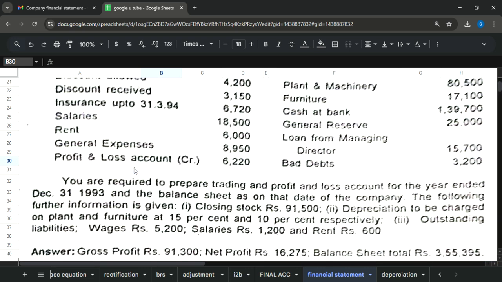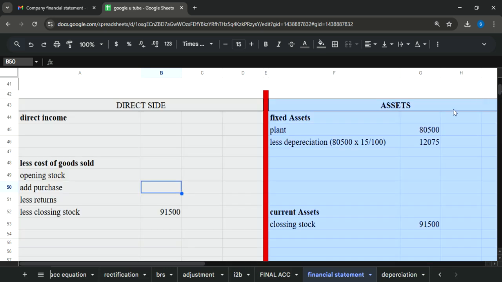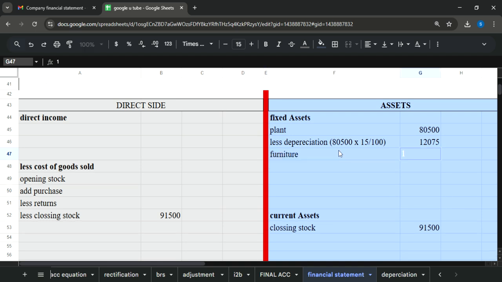And the same we will be doing for furniture as well. Here the amount of furniture is given, 17100. So come over here and mention furniture 17100, and now you will be calculating its depreciation, and that depreciation would be calculated upon 17100.